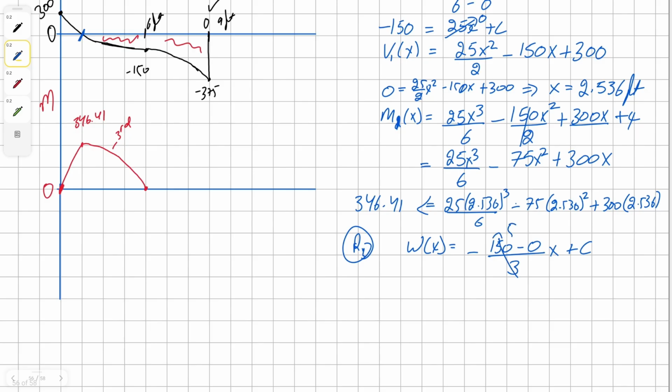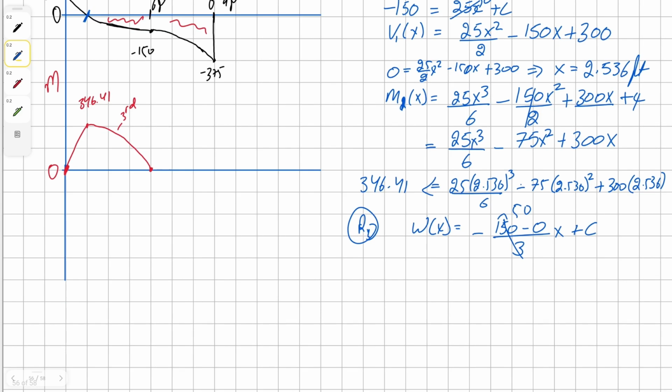We know our load is 0 when x is 6. Therefore, our constant in this case is going to be positive 300.